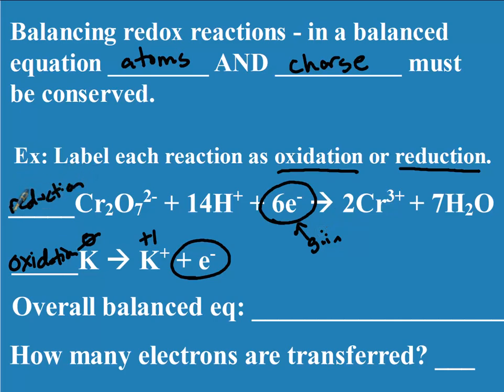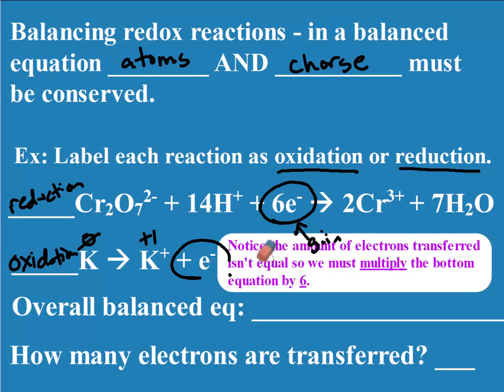So I could list out all of my oxidation numbers, but if I see the electrons on the left of the arrow, then that means it must be reduced, and if they're on the right, it must be oxidation. So my overall balanced equation, before I can write that, notice that my electrons don't equal. The number of electrons that I've lost do not equal the number that I've gained.